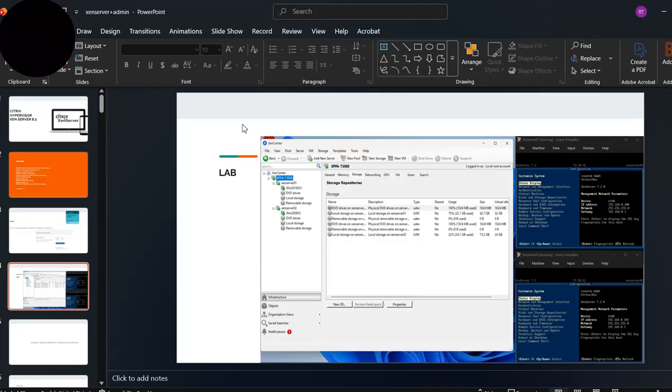We will discuss the full course, and after the course we will make this lab and show you how to manage the XenServer. This is a simple view of Citrix XenServer and XenCenter: two XenServers, and this is the XenCenter, and we will create a pool of them.